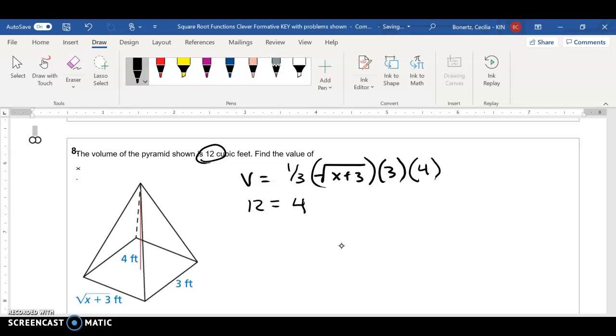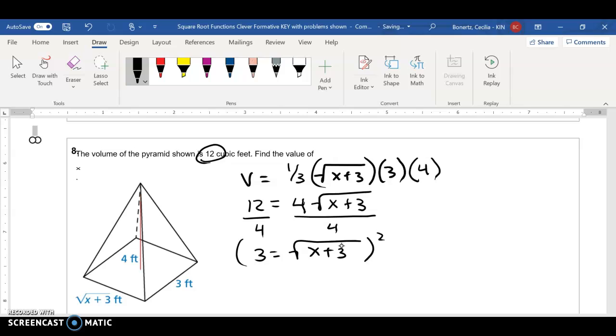So I'm going to simplify all of those numbers, and then I'm multiplying times the square root of x plus 3. I want to isolate this on one side of the equation, so I'm going to divide both sides by 4. And I get 3 equals the square root of x plus 3. Now I want to square everything, both sides, so I get 9 equals x plus 3. I'm going to subtract 3 from both sides, and I find that x equals 6.